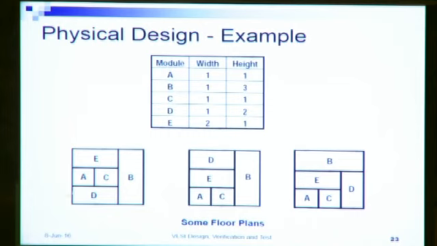We have rotated this and obtained it like this. D has a height of 2 and a width of 1, and B has a height of 3 and a width of 1. So what we see is that we have very easily been able to obtain three different floor plans here, primarily because the interconnections are not so stringent here.